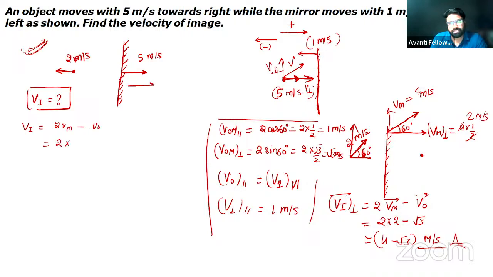If you are taking this direction as positive, so you have to take the opposite of it as negative. So I'm taking this direction as positive, so it will become 2 into 5 minus velocity of object will become minus 2. It is 10 plus 2, which is becoming 12 meter per second. Got it? This is the velocity of image.